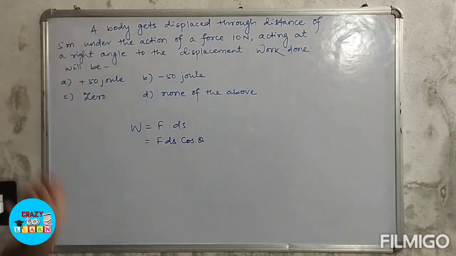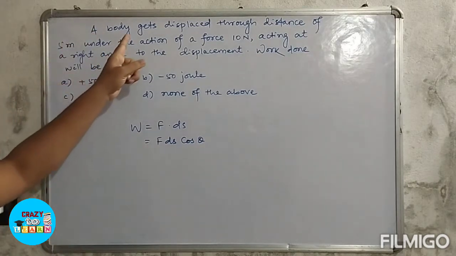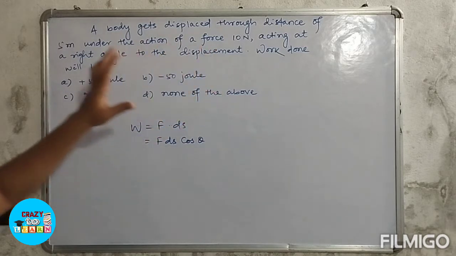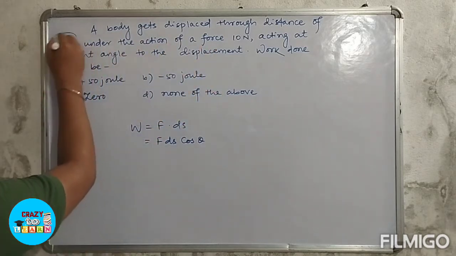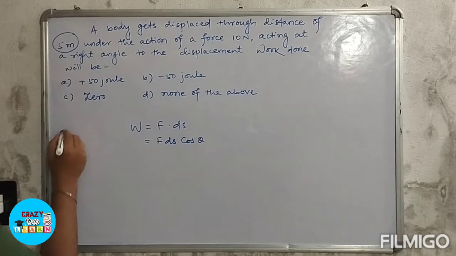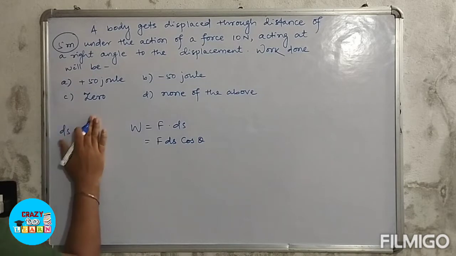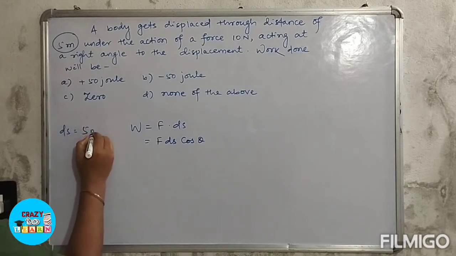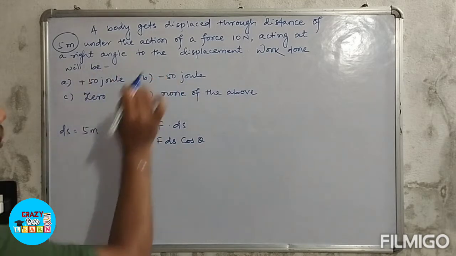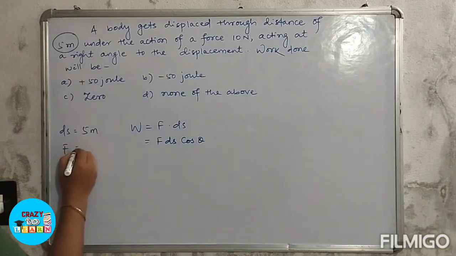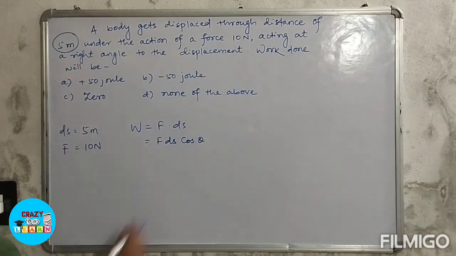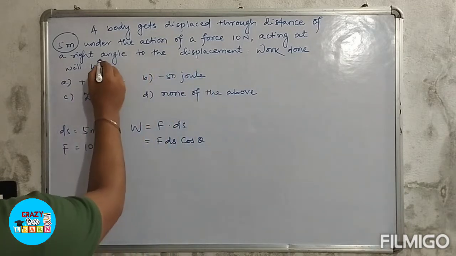And when we go to our question, it is given that a body gets displaced through a distance of 5 meter. That means the displacement ds is 5 meter. Under the action of a force 10 Newton, that means force is given as 10 Newton, acting at a right angle to the displacement.